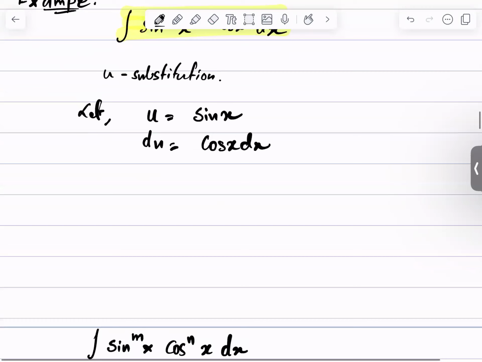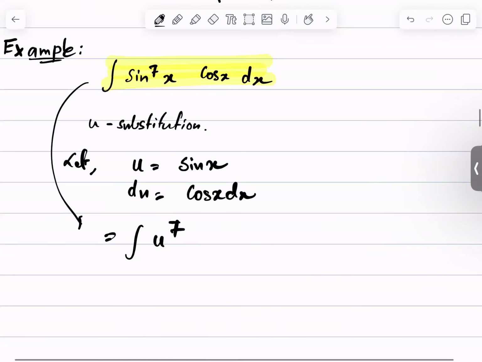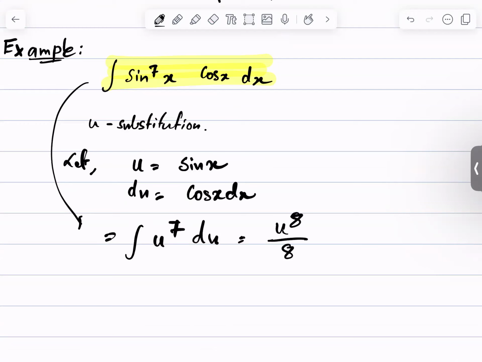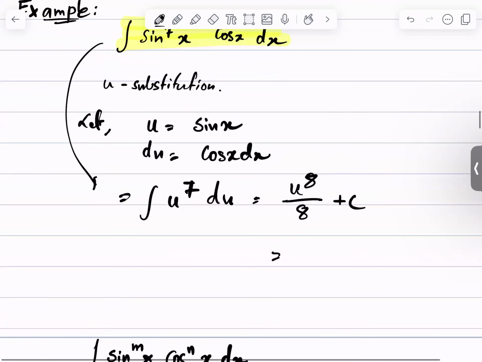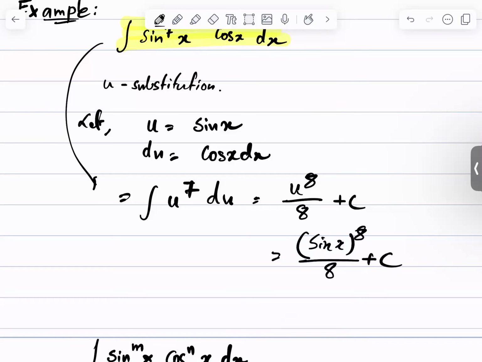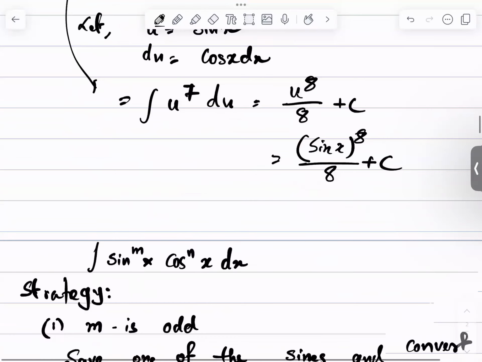And now if I substitute in my integration, I should have u to the 7 and then just du. So this is u to the 8 over 8 plus c, which is nothing but sine x to the 8 over 8 plus c. So this is not that difficult.